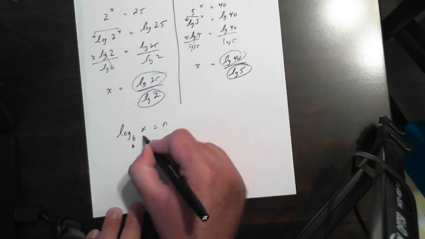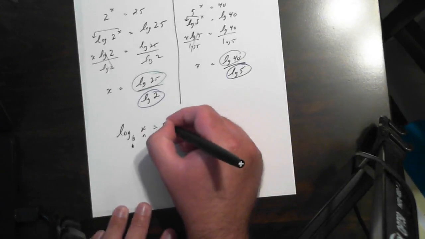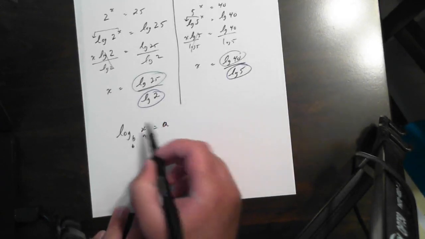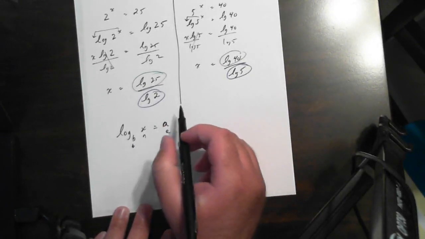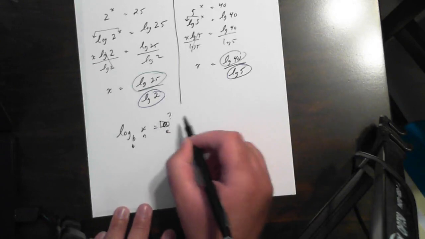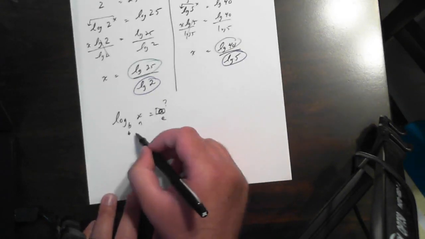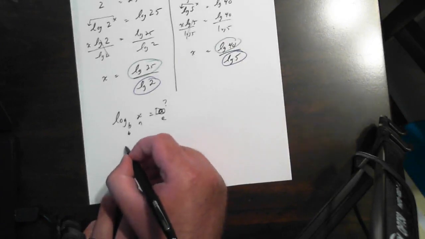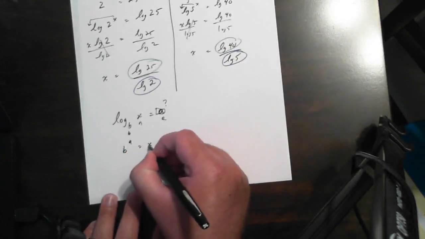So this is b, and maybe I shouldn't use n here. I'll use a, something completely different. So this is b, n, and e. Okay. Again, in this case, we're trying to evaluate what a is equal to. Okay. So I write it as an exponential. So it's going to be b to the a equals x, right?